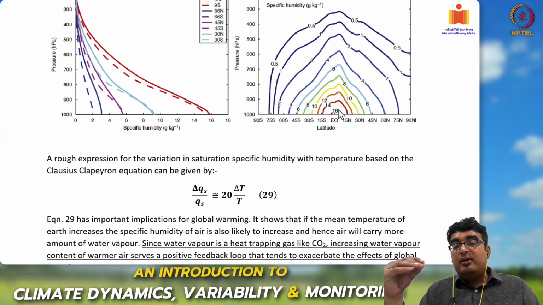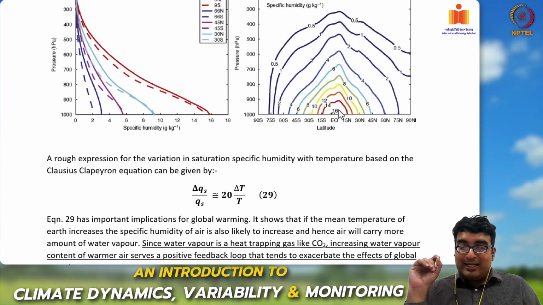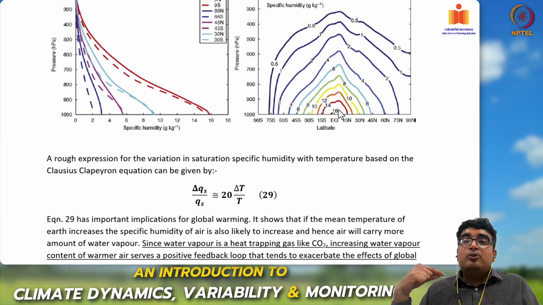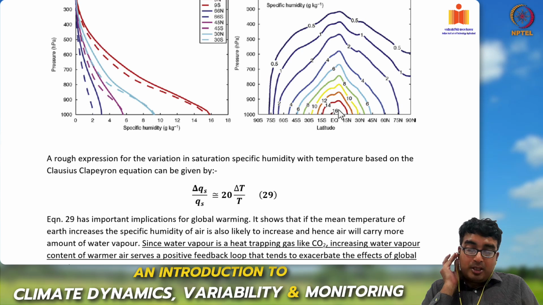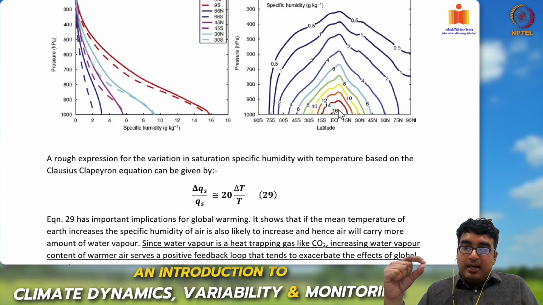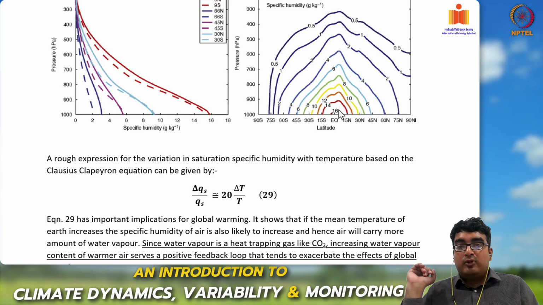And this is why you will see in the climate models, at least this is one of the reasons why in the climate models, due to the increase in the greenhouse gases, the poles are seeing a much higher rise in temperature compared to the equators. Okay, because the water vapor over the poles is increasing, and that effect is much more greater near the poles because of its initially low water vapor content compared to equatorial regions.